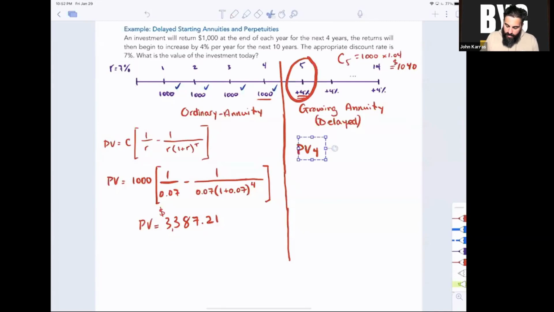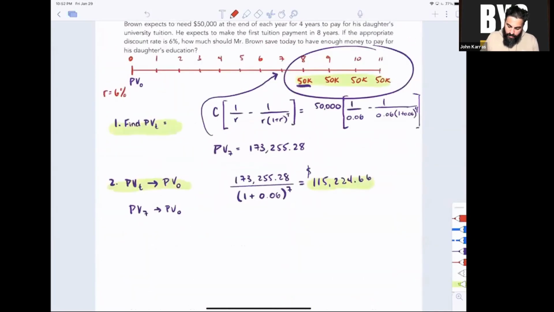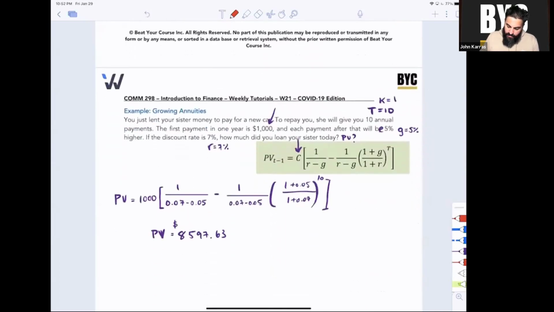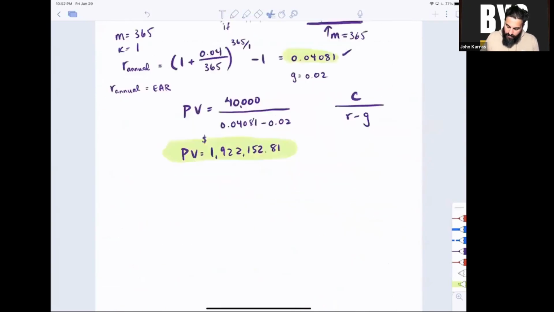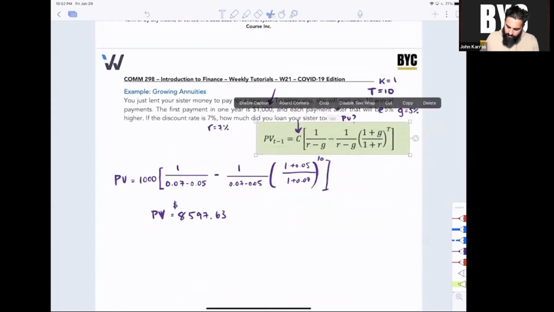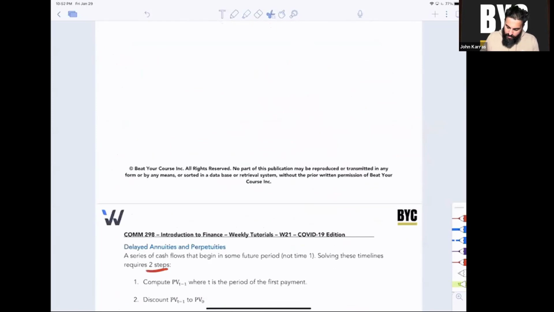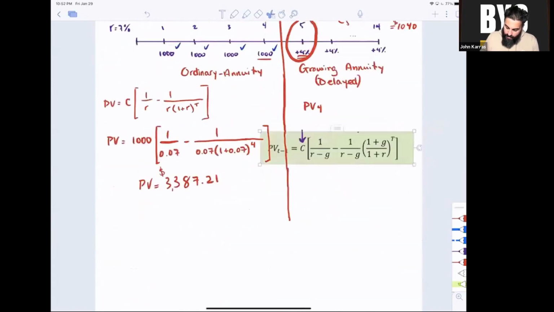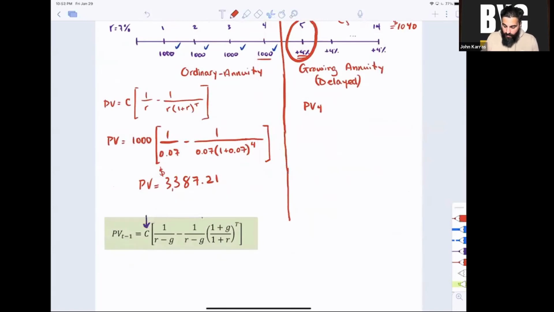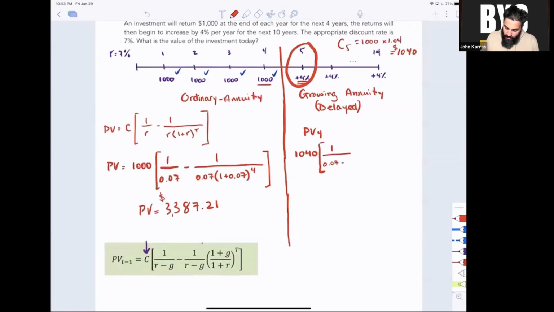And then we've got that mega formula that I can never remember by heart. Yeah, this thing. So the first cash flow of this portion of my timeline is 1,040, times 1 over R, which was 7%, minus G. They said the growth rate from this point on would be 4%.